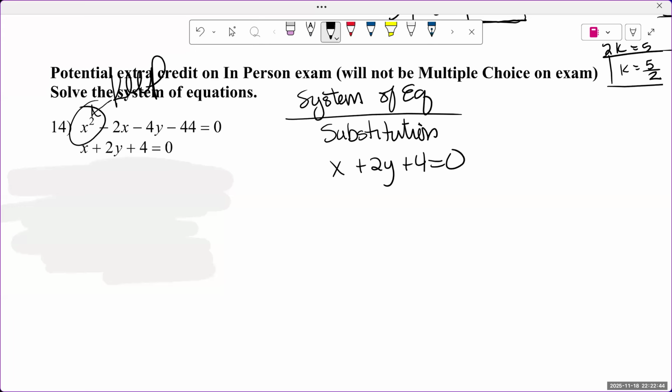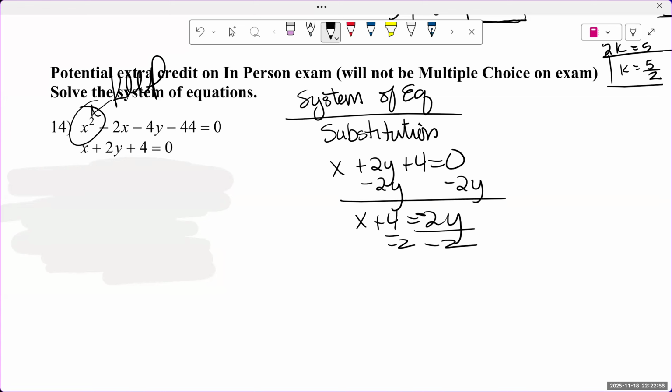So let's solve for y. I'm actually going to move everything but y, divide by negative 2. So y is equal to negative x over 2 minus 2.